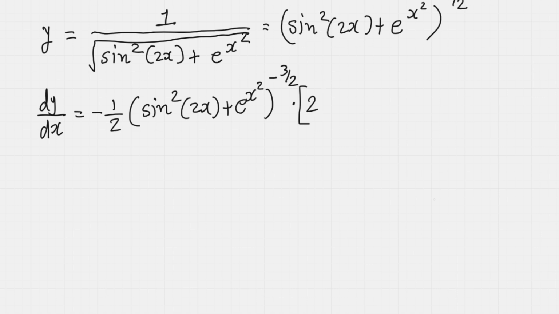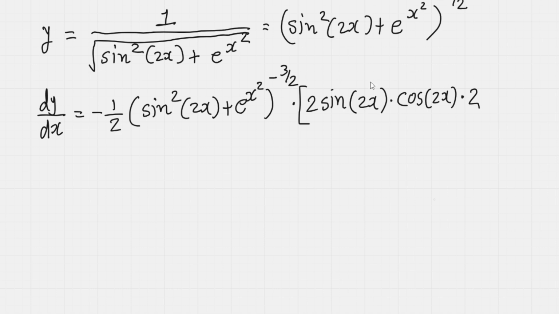So it would be 2 sin raised to 2 minus 1, which is 1. So 2 sin 2x. In the multiplication, the derivative of the sine would be cosine. So cos 2x. In the multiplication, the derivative of 2x would be just 2.